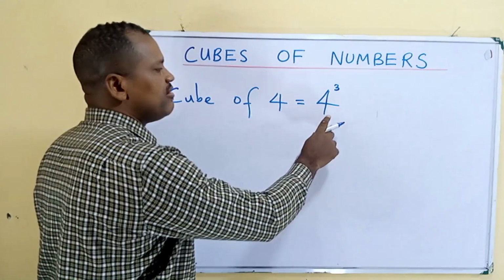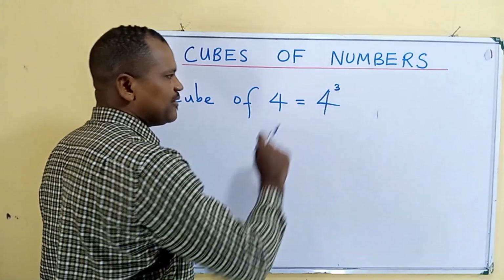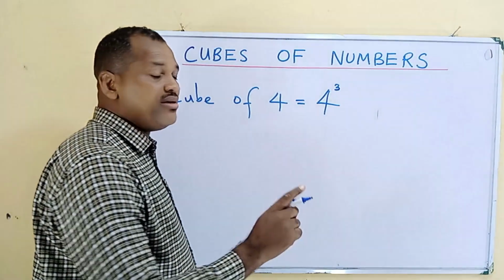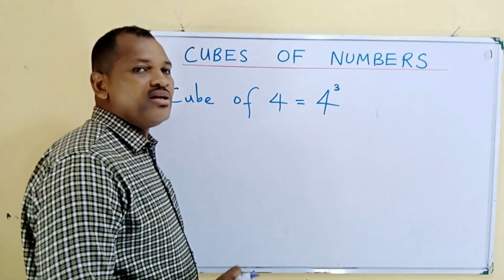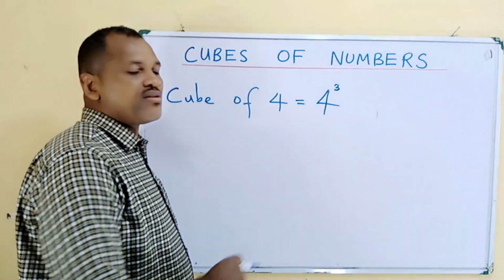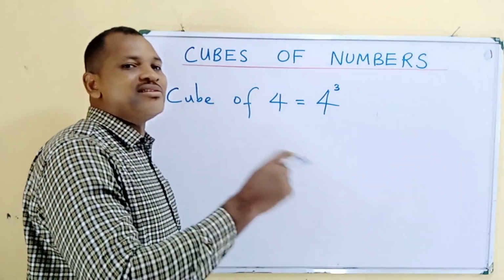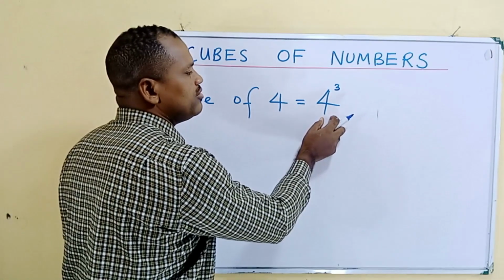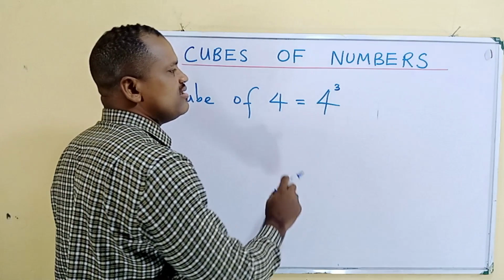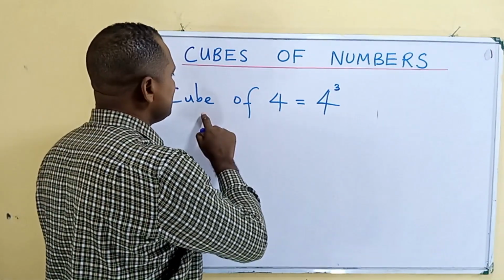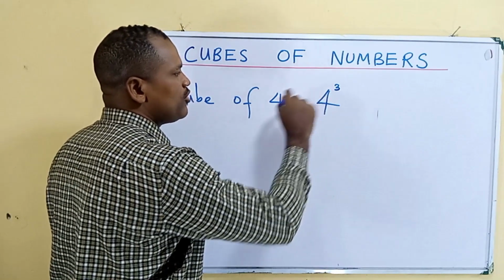And this means 4 raised to power 3. It doesn't mean 4 times 3. It means 4 times 4 times 4, 4 multiplying itself 3 times. So the special word for it is 4 cubed.